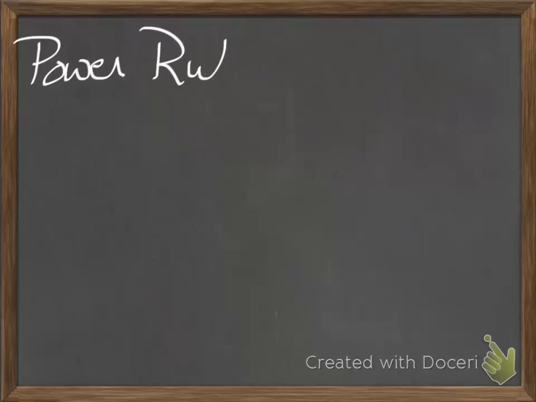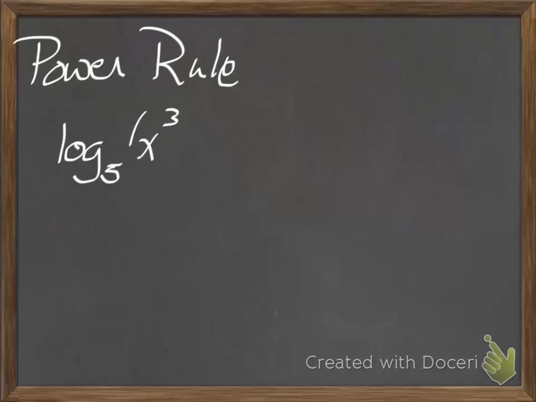And so the next one is the power rule. And so this is log base 5 of x to the third. And you notice that I put parentheses around the part I'm having after my base, my answer portion. That's so I don't lose what's connected together.